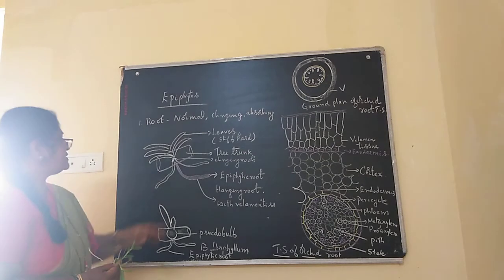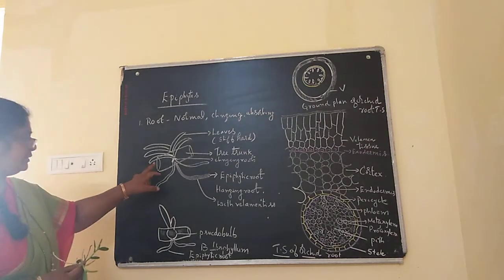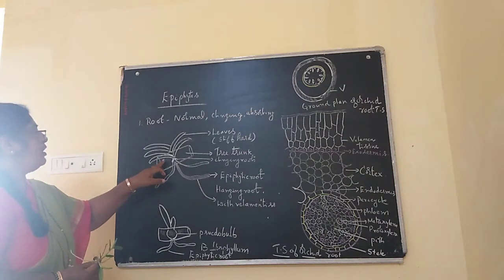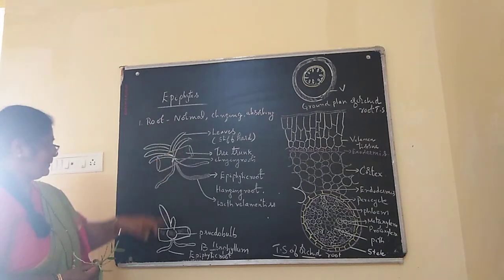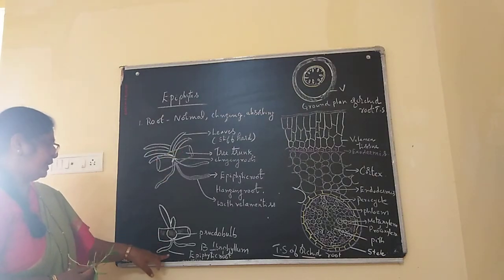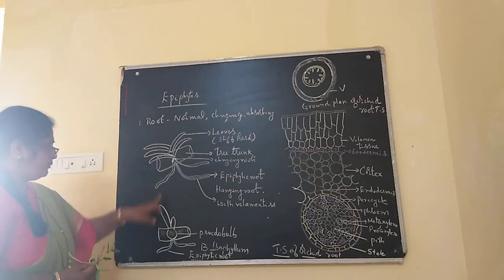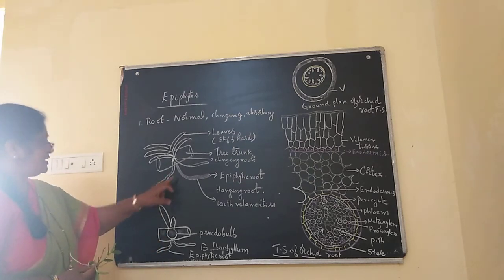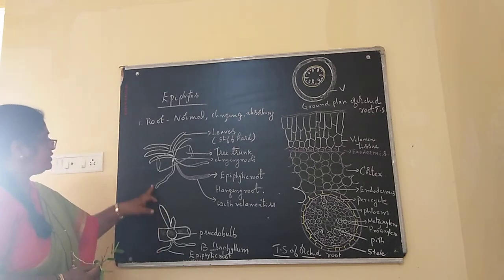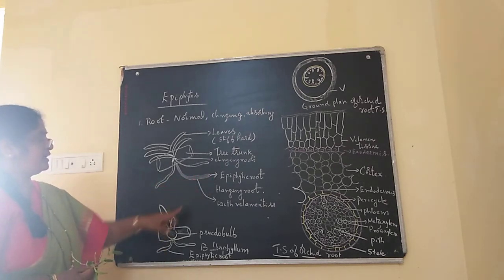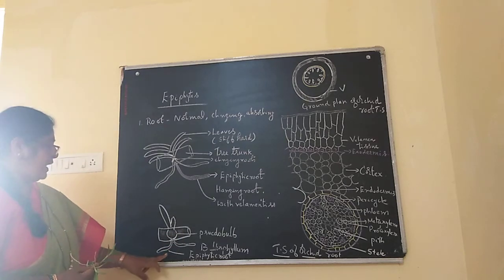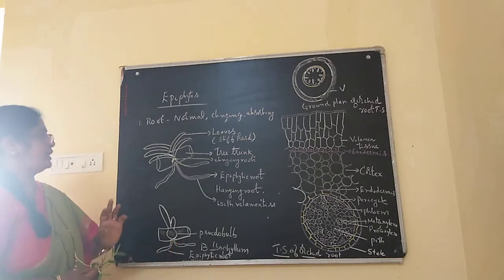This is a drawing showing the epiphyte clinging on the tree trunk. You can see another plant called Bulbophyllum with pseudobulb. In both of these you can see the presence of a root called the epiphytic root. It is also called hanging root and absorbing root.